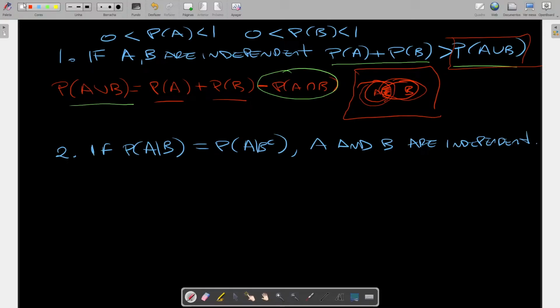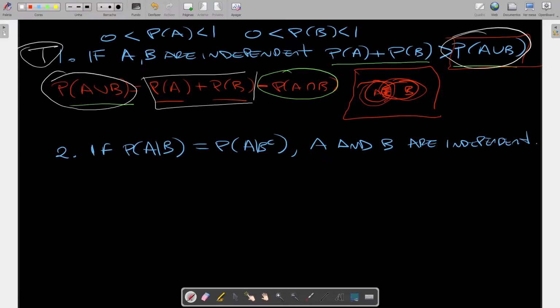In the problem, what they are telling us is that the probability of A plus the probability of B is greater than the probability of A union B. This is true. Why is this true? This is true because the probability of A union B is this one minus this guy here.